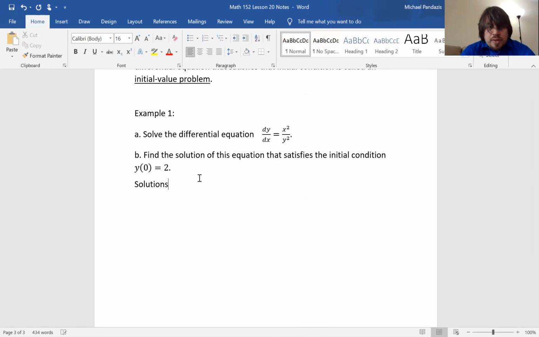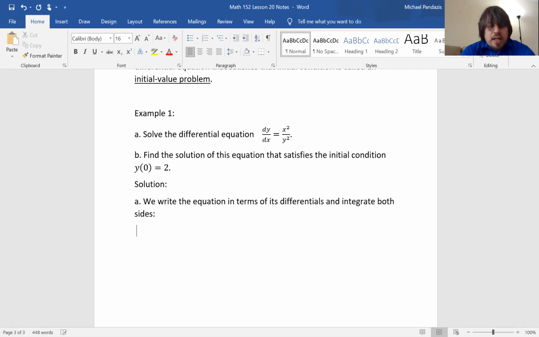Okay, so solutions. Part A: we write the equation in terms of its differentials and integrate both sides.